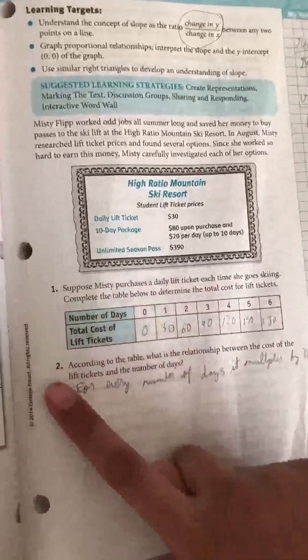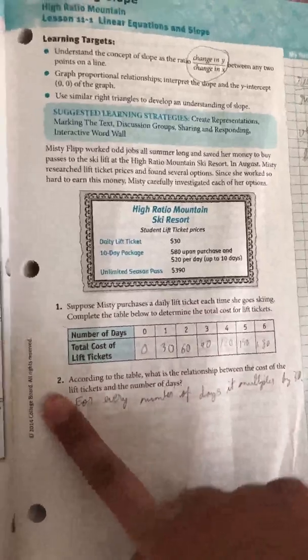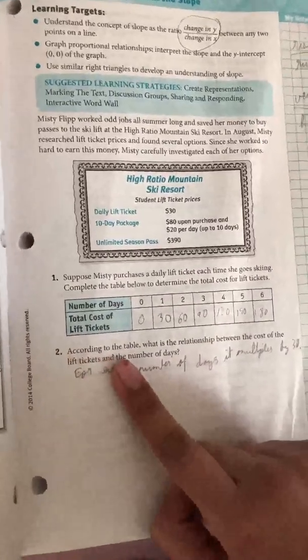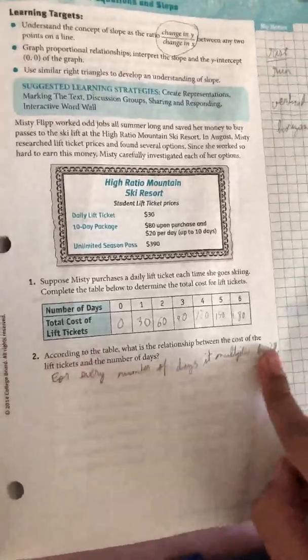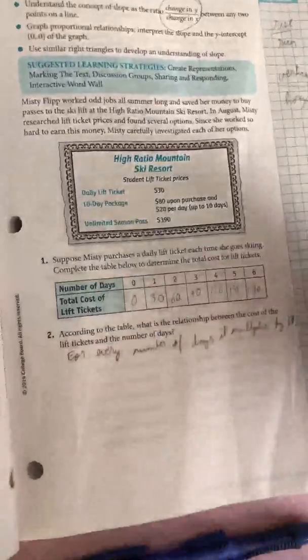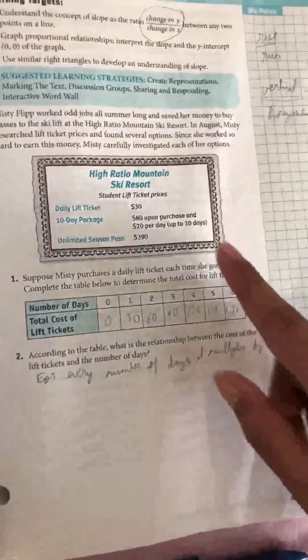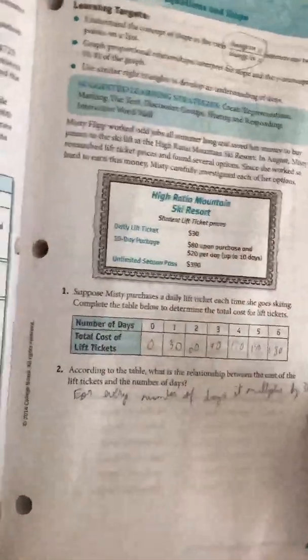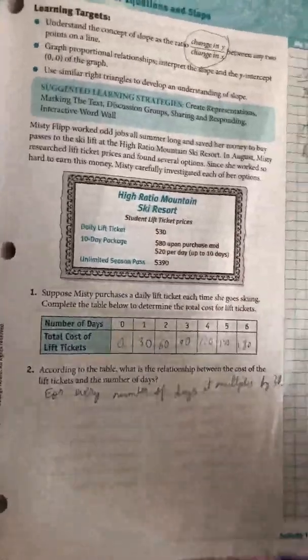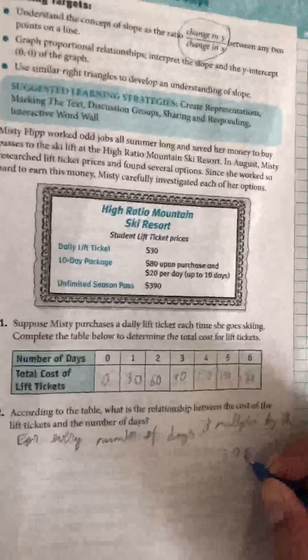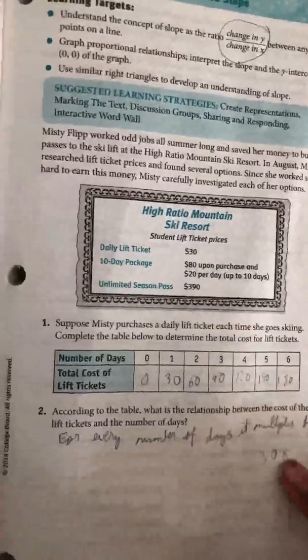Let's move on to the second problem. The second problem says, according to the table, what is the relationship between the cost of the lift tickets and the number of days? We can see that for every number of days, the cost of the lift ticket is 30 multiplied by the number of days. So basically, we can model that situation by 30x, and x will be our number of days.